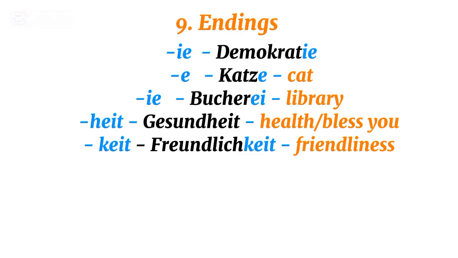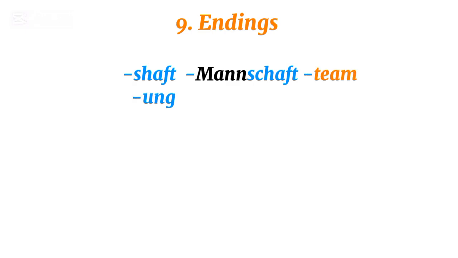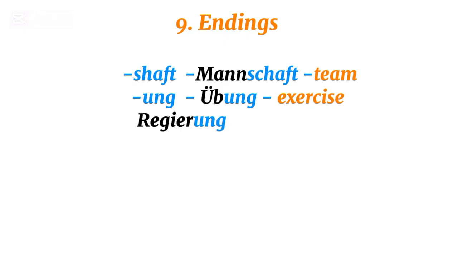All words ending with schaft, for example Mannschaft is a team, they take a D. All words ending with an UNG, for example Regierung, which is a government, or Übung, exercise, they take a D.